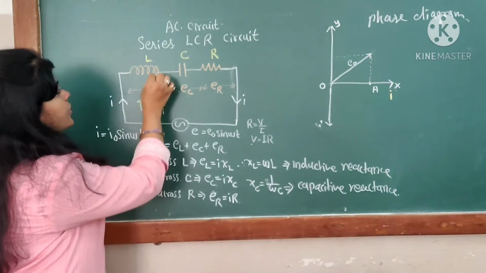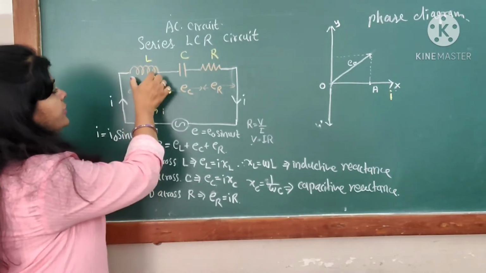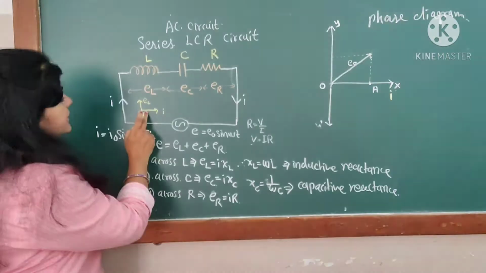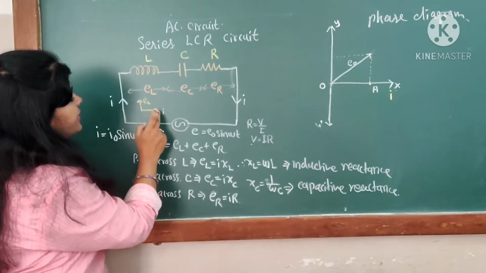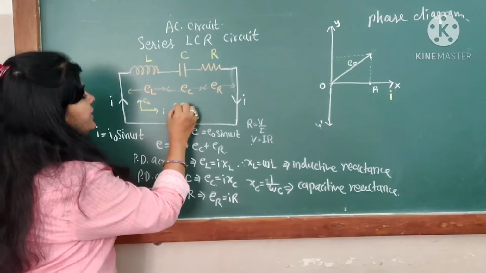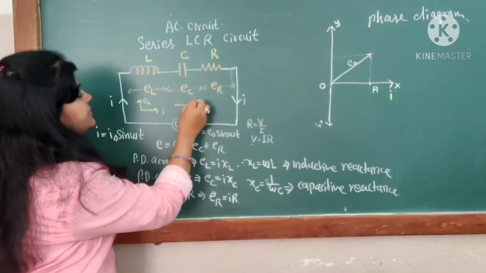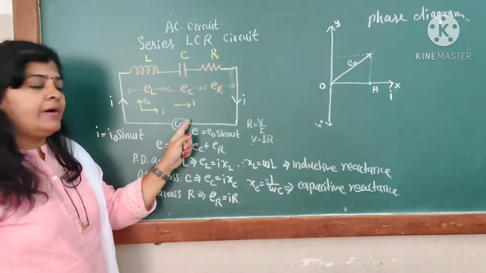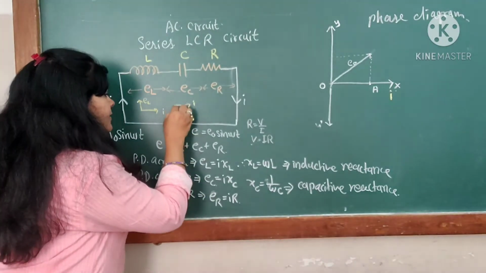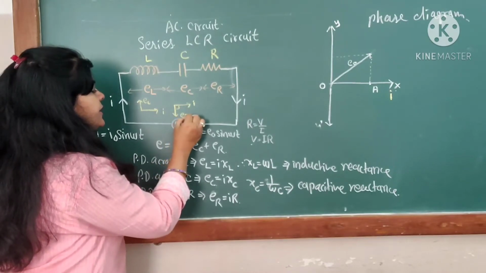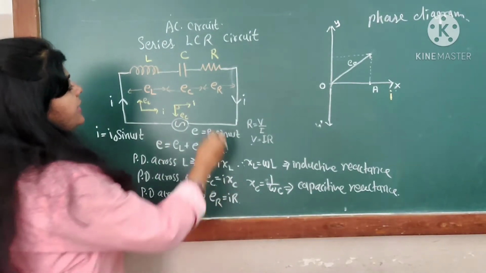That is the EMF EL across the inductor. If it is a purely inductive circuit, the EMF leads the current by pi by 2. Like that, the phase diagram is drawn. In the case of the capacitor, the current is there and the EMF lags behind the current by pi by 2, that is 90 degrees, and here it is represented as EC.